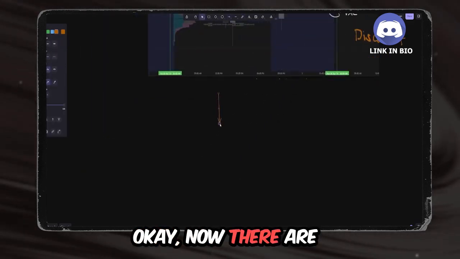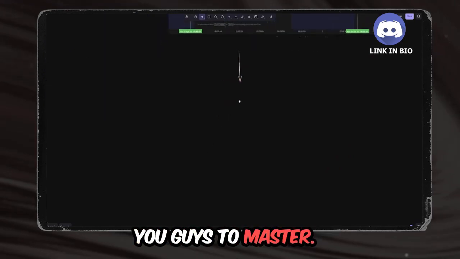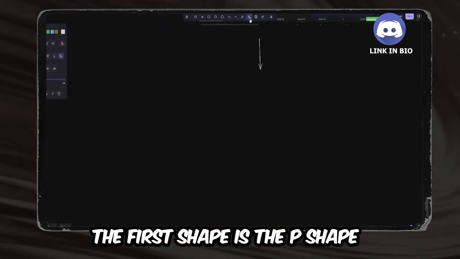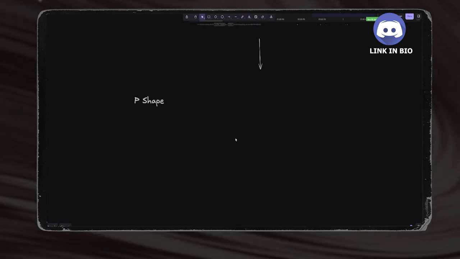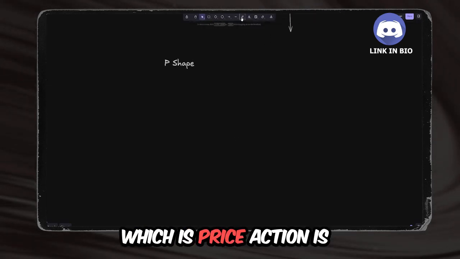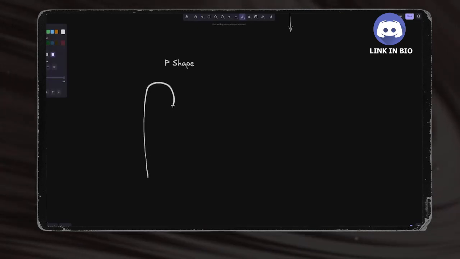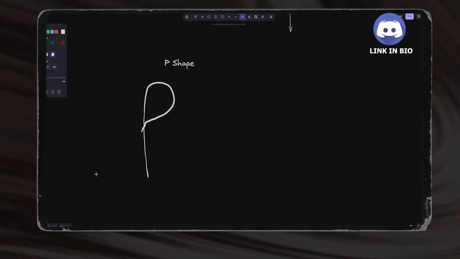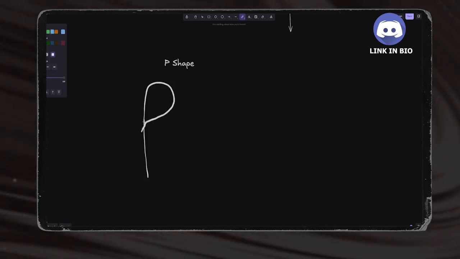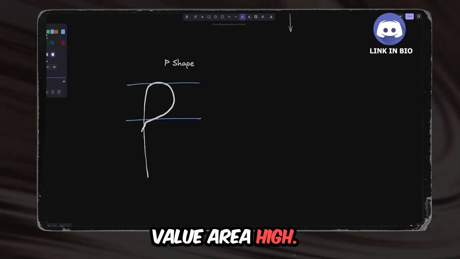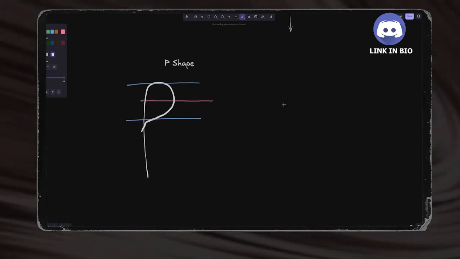Now, there are three shapes that I want you guys to master. The first shape is the P shape, which is price action somewhat looking like this. Value area low, value area high, POC.